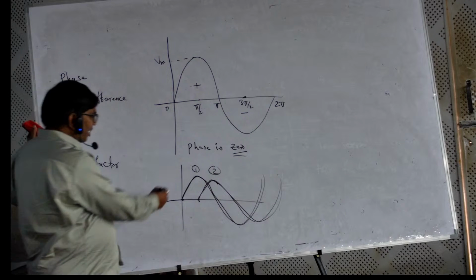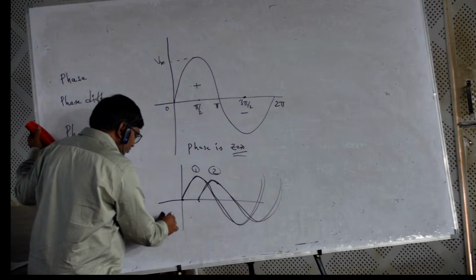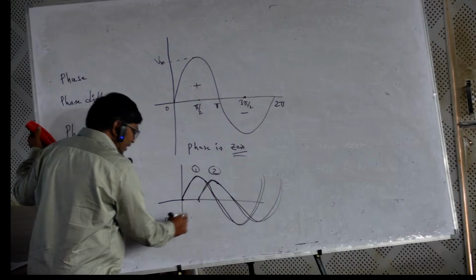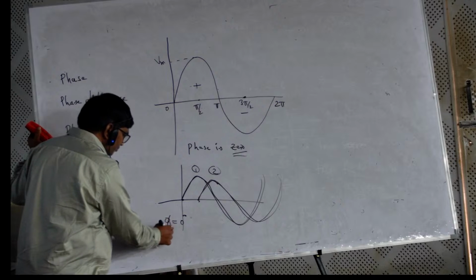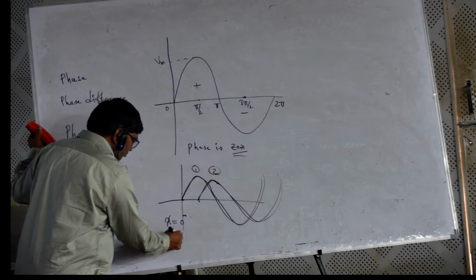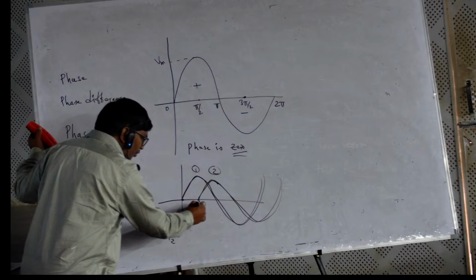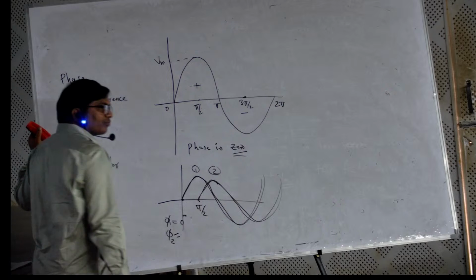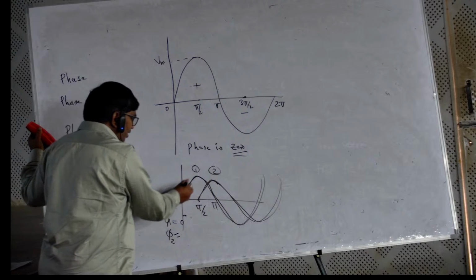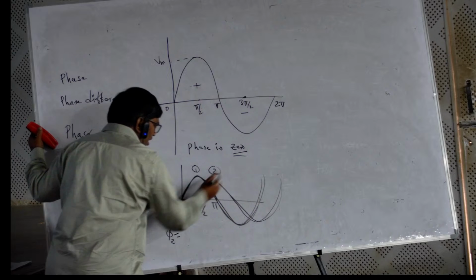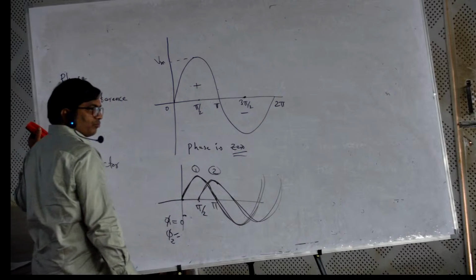What is the phase of the first waveform? 0 degrees. Phase of the second waveform? For example, you can take it as pi by 2. A sine wave goes from 0 to pi, and here it is starting at pi by 2.